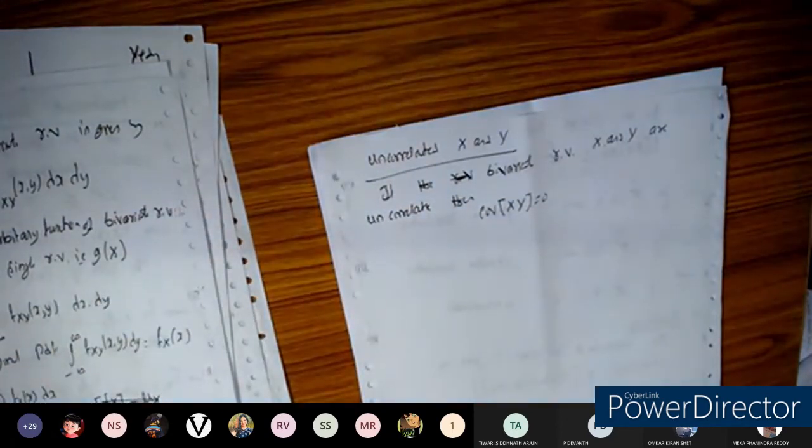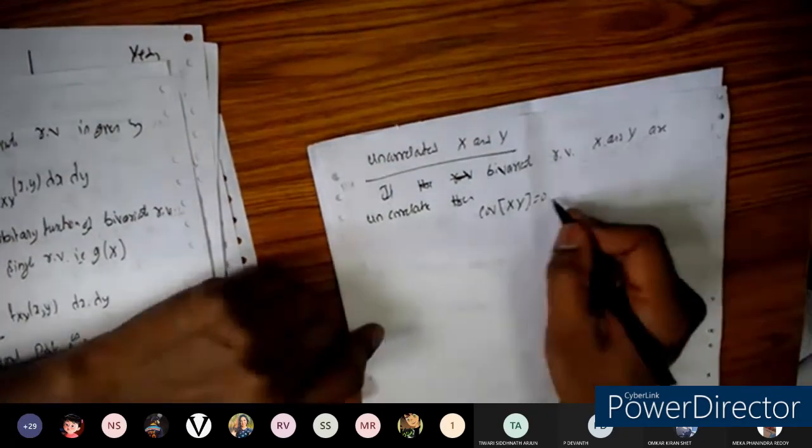The covariance of x comma y will be equal to 0.